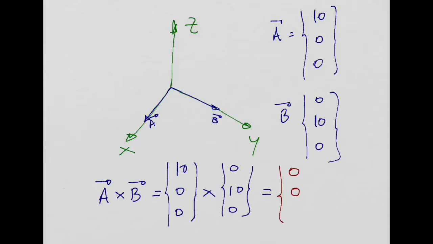Now, z component, sorry. I ignore the z line here, and I do this cross product. This times this, which is 100, minus this times this, 0. So the result is going to be 100.